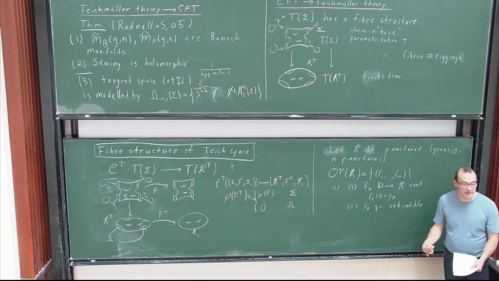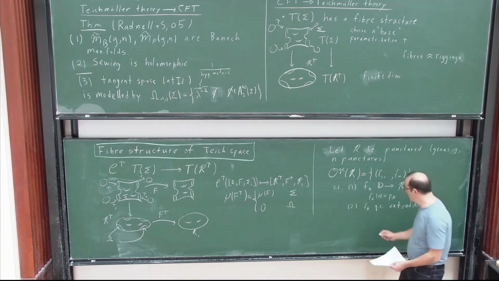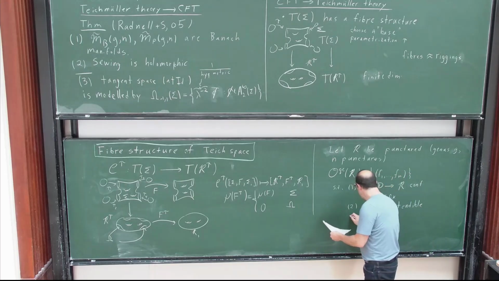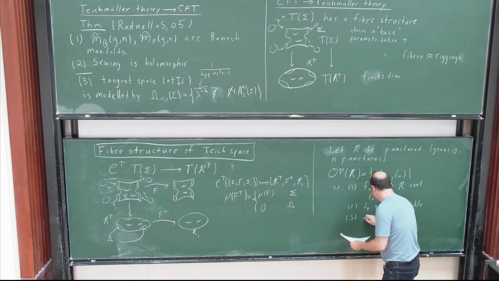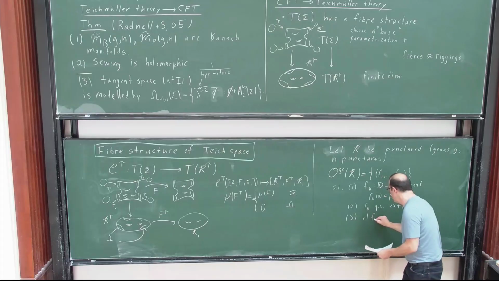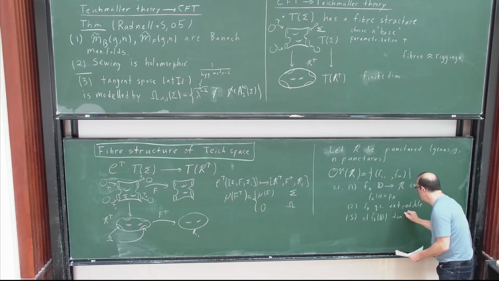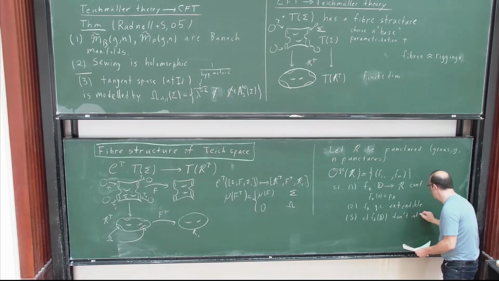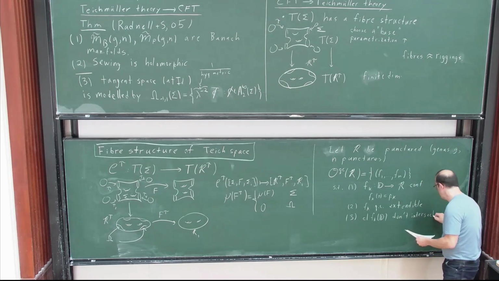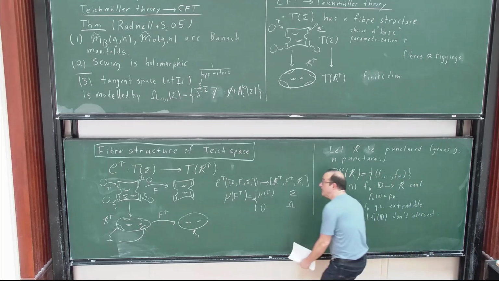That's in order to meet the condition that this relates to Teichmüller space. And then finally, the closures of these don't intersect. And then we have the following theorem.